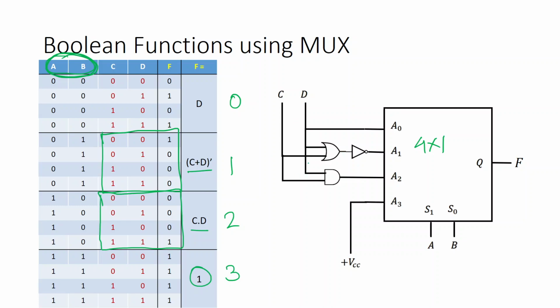Okay, and the last one C and D, A2, and the last one A3 to VCC, and S1 S0 is AB. Here I have not used the enable pin because it is not required, and enable has to be high in this particular case always if you keep it. So since we are not tying up 2 or 3 muxes together, we don't really need the enable pin here.